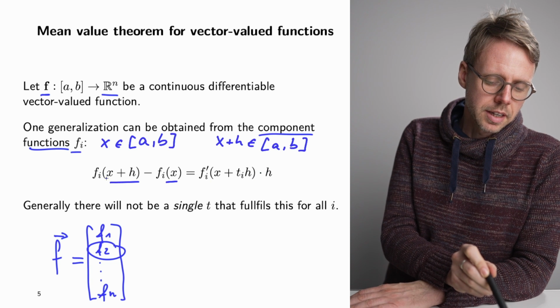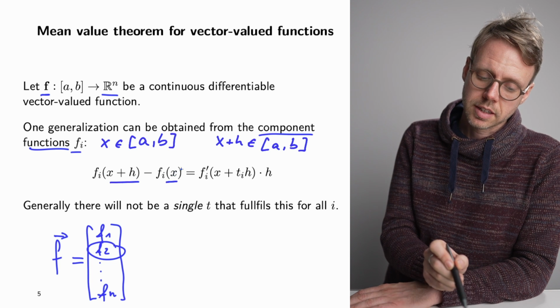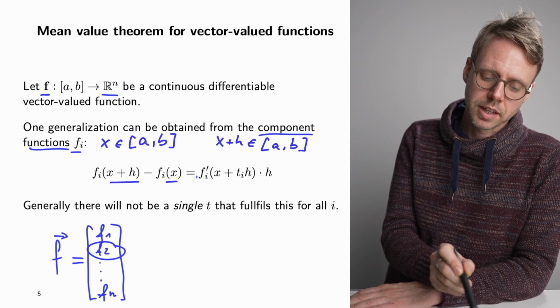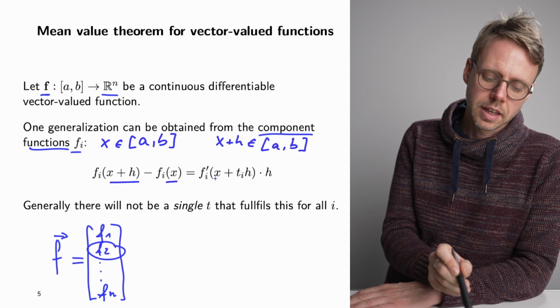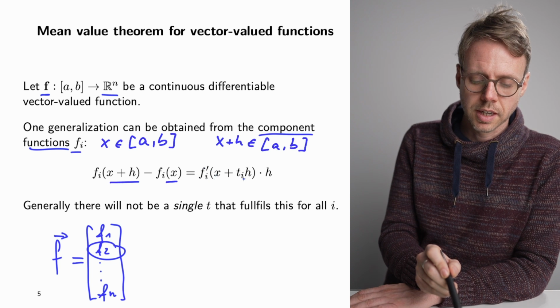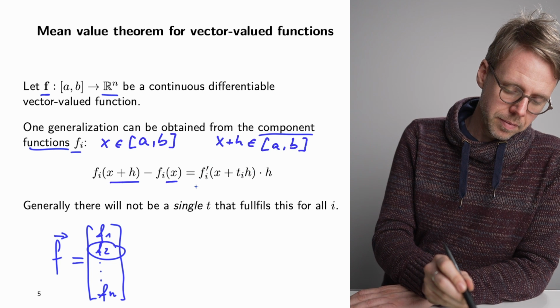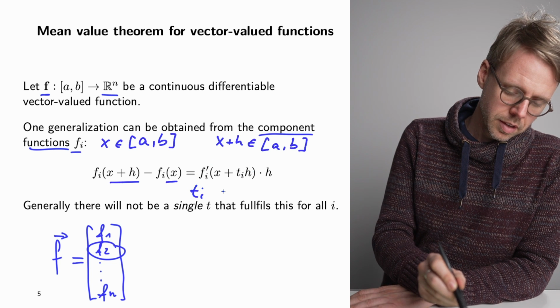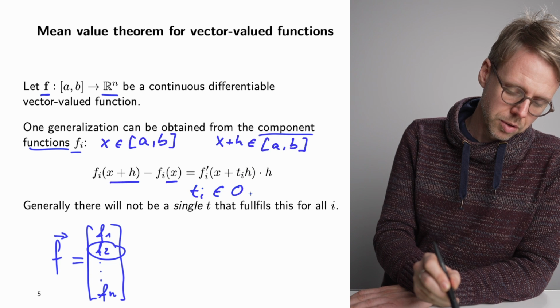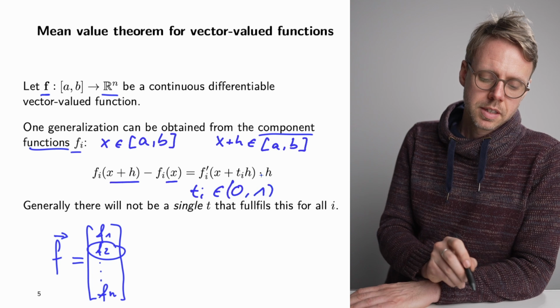So fi at x plus h minus fi at x equals the product of the derivative of fi at x plus some point ti h, where ti is an element of 0 and 1, times h.